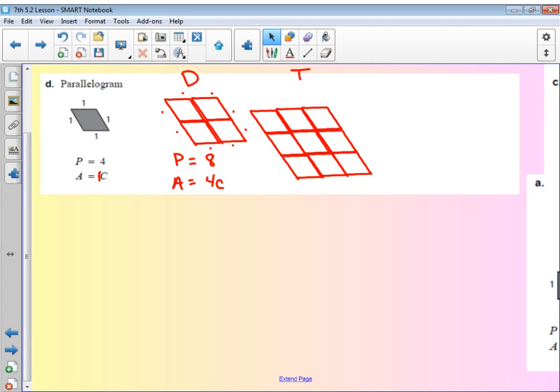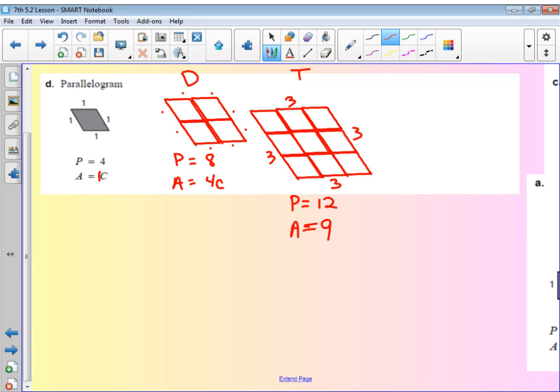Okay, so there's our figure. For the perimeter, we've got 3 on each side. So 3 times 4 sides gives us, for our perimeter, 12. And for our area, we actually have 9 of those little blocks, or 3 by 3. So we have 9 C's.